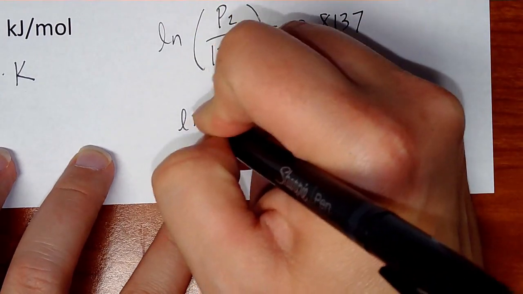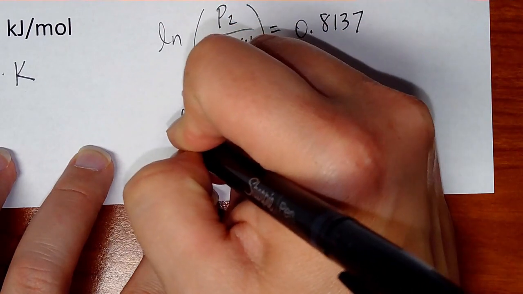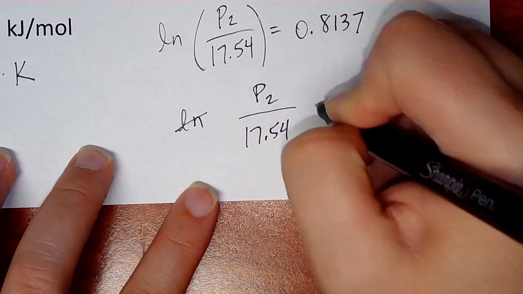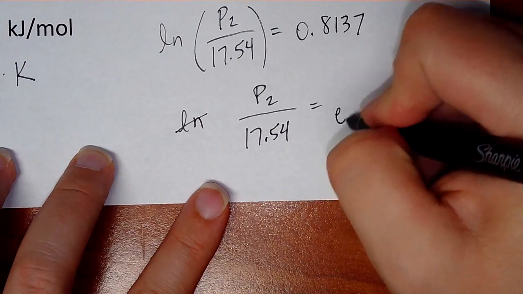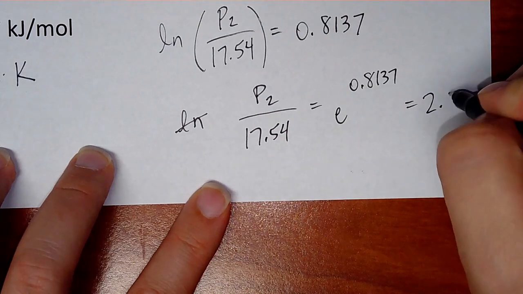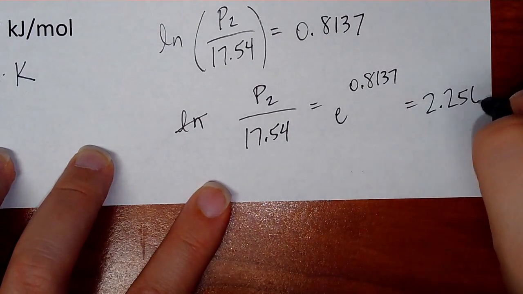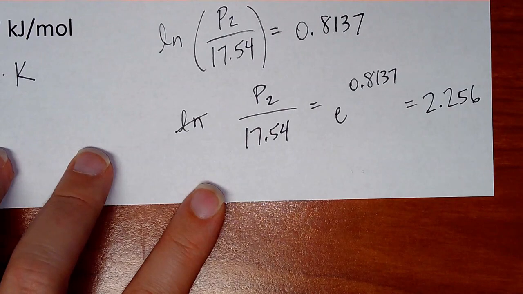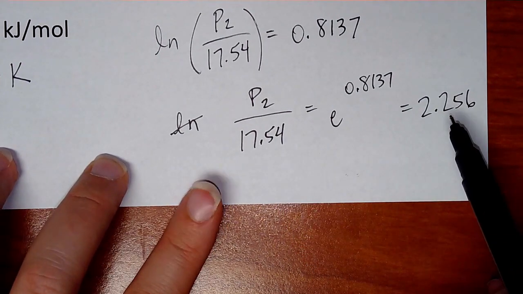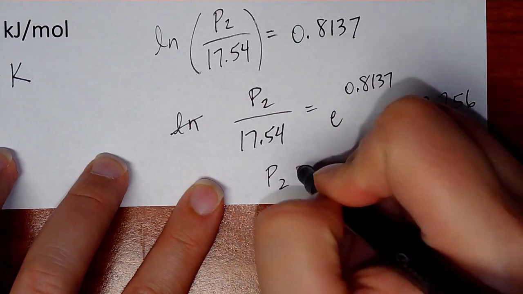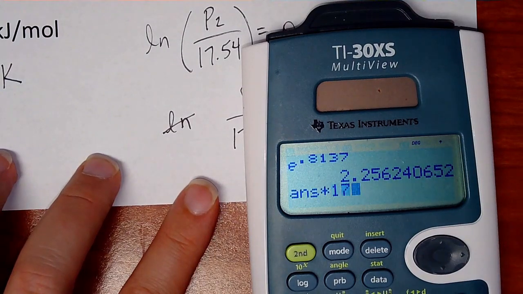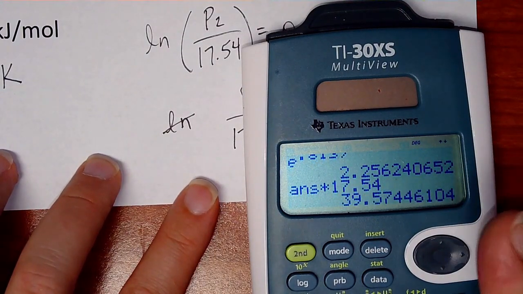Alright, the ln is going to go away, so now I have P2 over 17.54 is equal to E raised to the 0.8137, which is 2.256. Alright, so now I can just multiply the 17.54 over here to solve for my P2. 39.6.